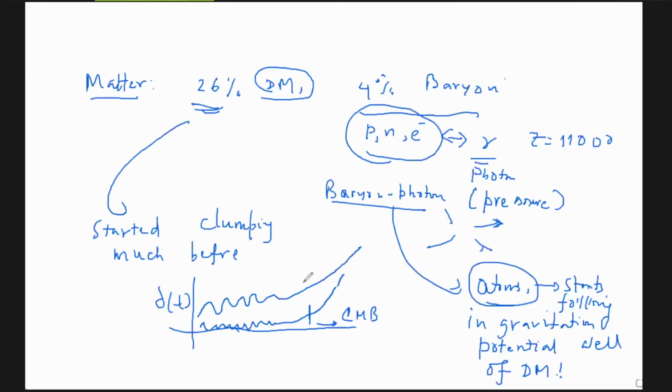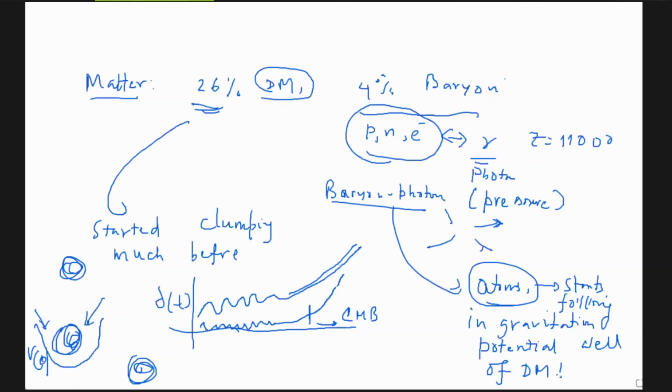Because dark matter was already going high up, that means it has already created more structure and more void. And where there is more structure, there are already clumps. So that means here you have a deeper potential well, V phi. So then it will attract the baryons there more.